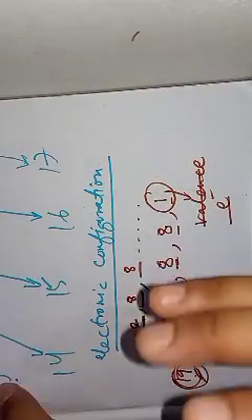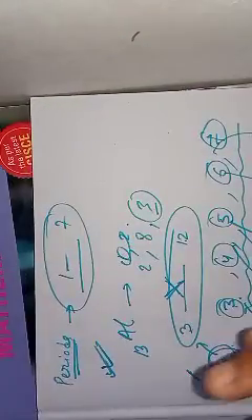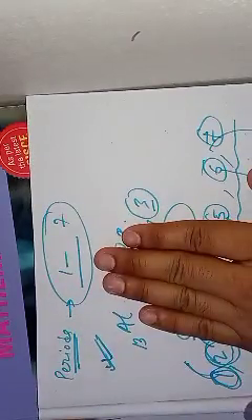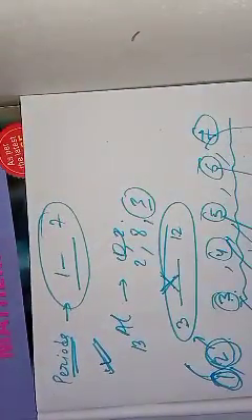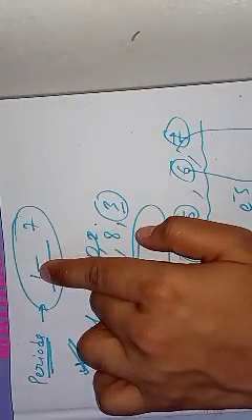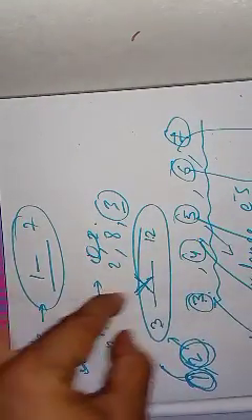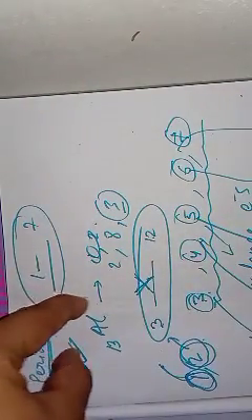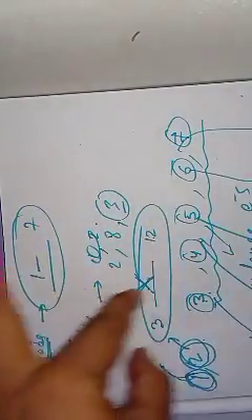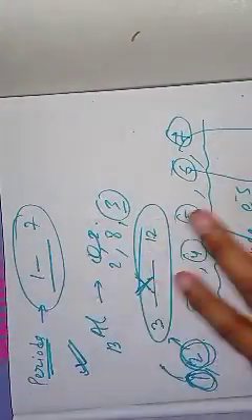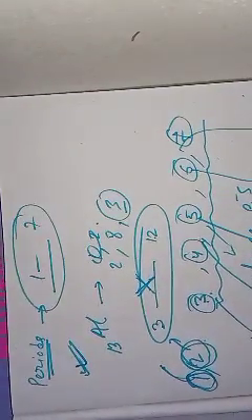Okay, now let us move ahead to the periods. Periods are numbered from 1 to 7, and they are horizontal rows. And why are they numbered 1 to 7? Because of the number of shells. As you have seen in groups, the group numbers give you the idea of the number of valence electrons, which are fixed.